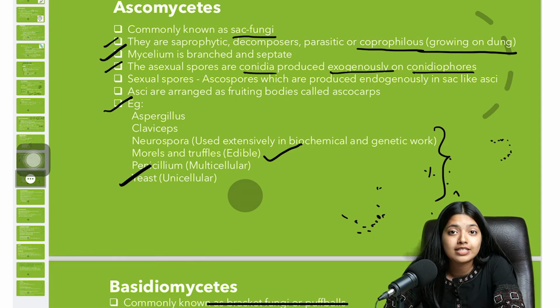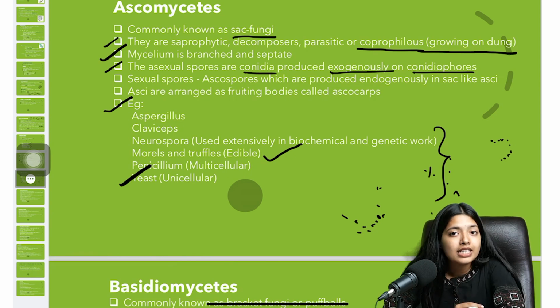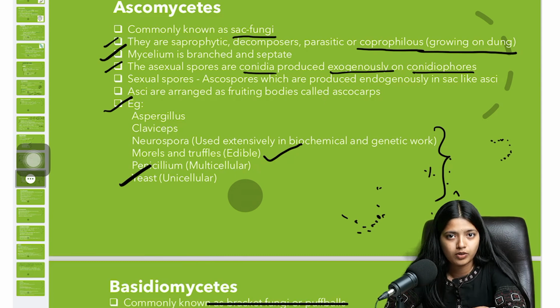Once again, they are known as sac fungi. They are saprophytic, decomposers, parasitic or coprophilous. What was coprophilous? Ones who grow in dung. Their mycelium is branched and septate. Septa or cross walls are present. The asexual spores are called conidia, which are formed exogenously on conidiophores.